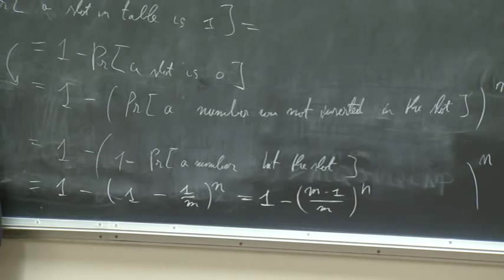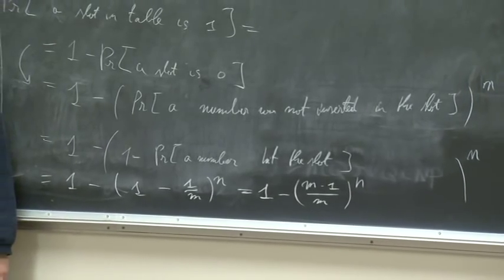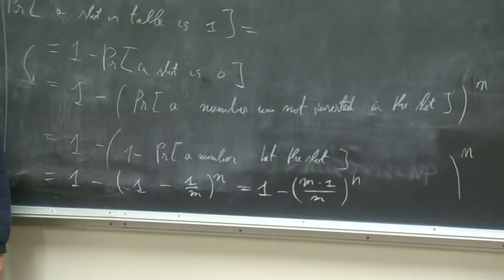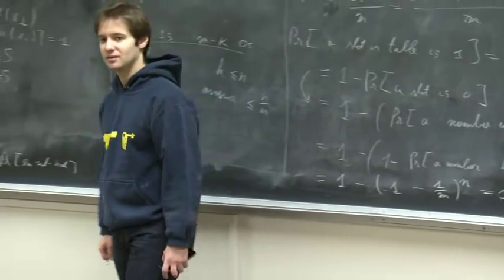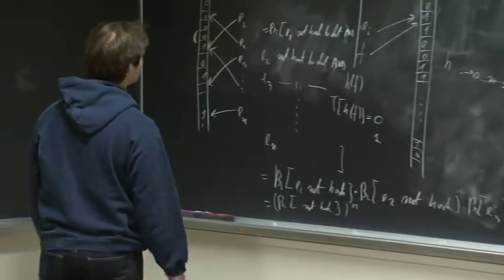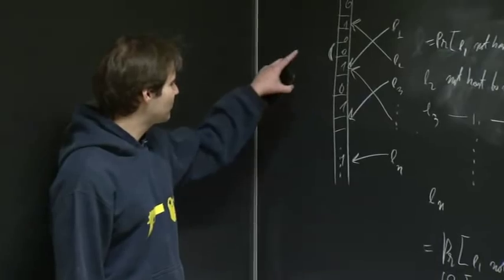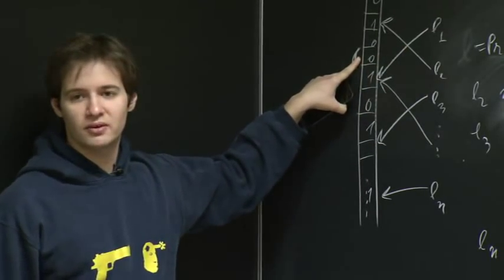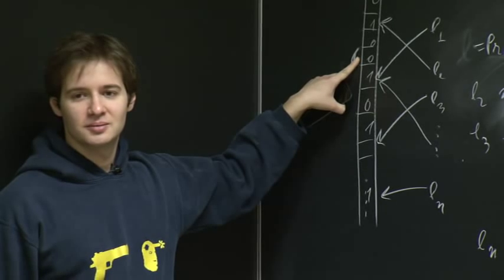Well, isn't the probability that any given one doesn't hash to that slot 1 over m? So if E1 doesn't hash in that spot, isn't that probability 1 over m? Not quite. You're close, but not quite. Or I guess it's 1 minus 1 over m.